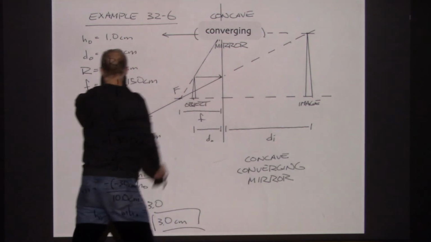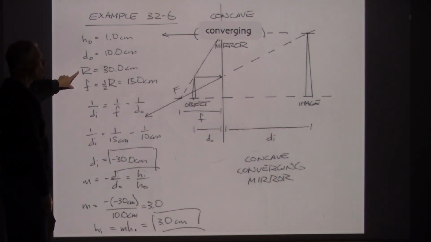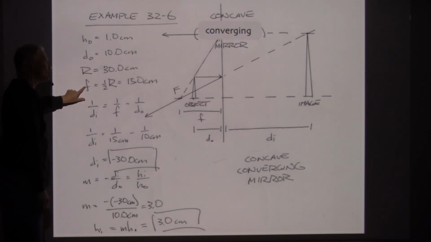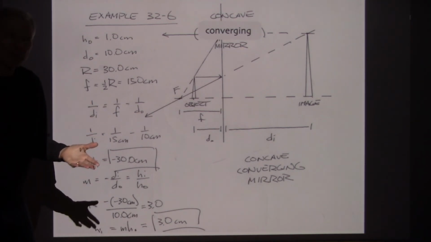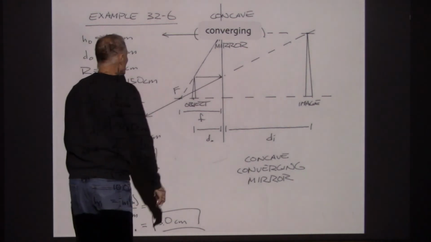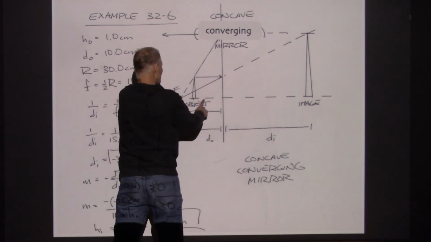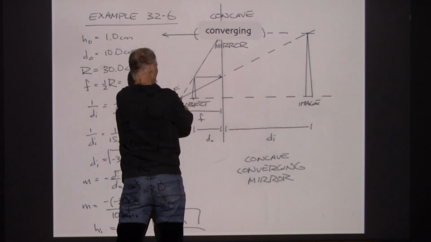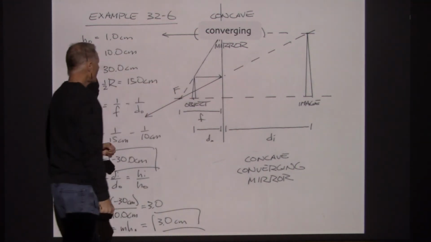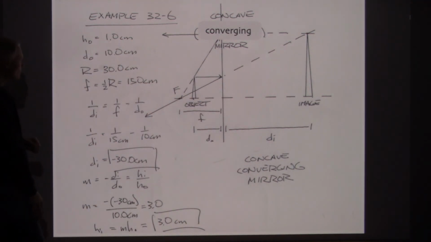That's 10 centimeters. Now the radius of curvature for this is 30 centimeters, and again, I'm just using that to determine what the focal length is. So the focal length for this is going to be 15. This one looks like it's scaled maybe better. 5, 10, 15. Maybe there's a bit of that same optical illusion as before.